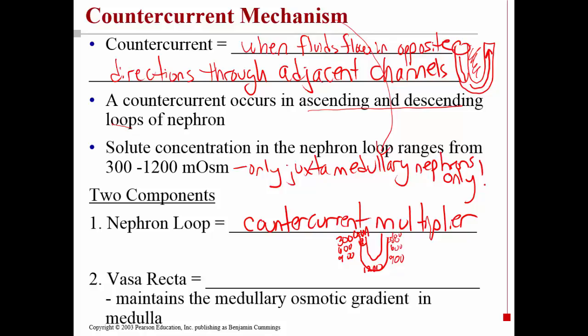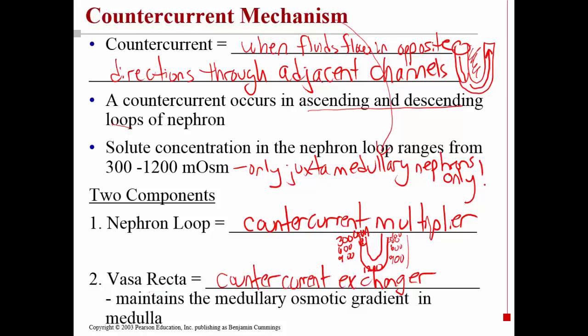The vasorecta, on the other hand, is described as the countercurrent exchanger. I will discuss this in the next few slides, but briefly they call it this because as the vasorecta comes in, and remember it clings to the nephron loop. It is a straight blood vessel, recta means straight, that clings to the nephron loop. So as it enters the cortex and proceeds towards the medulla, it exchanges water and ions with the area outside of the vasorecta.